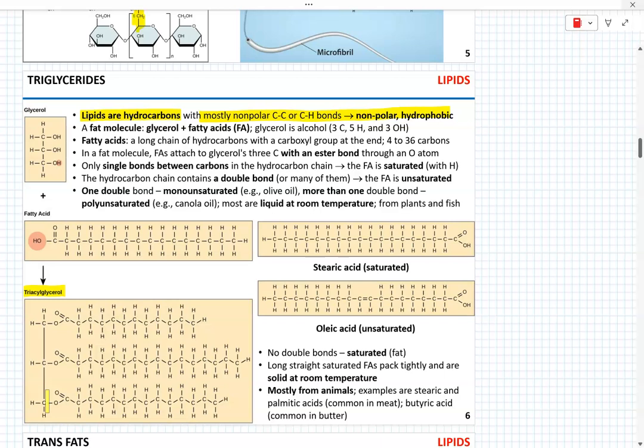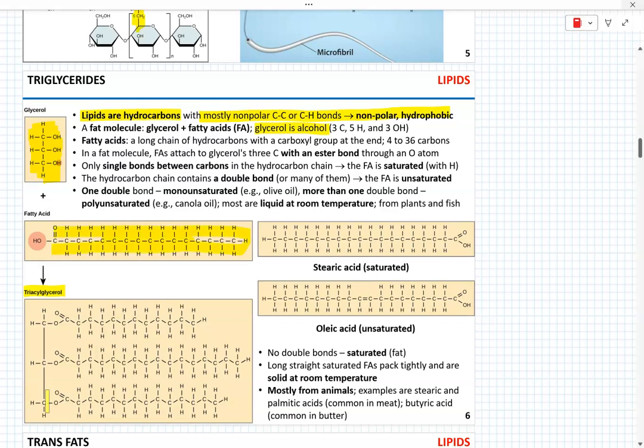Triacylglycerol consists of a molecule of the alcohol called glycerol. It's shown on this panel, and you can see that it contains 3 carbons and 3 OH groups, and 3 molecules of fatty acids.